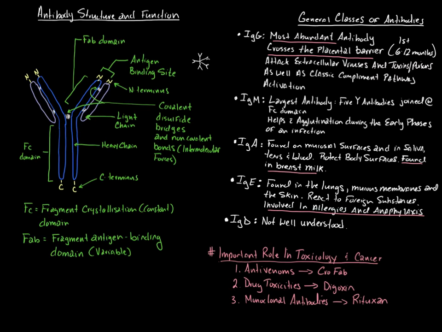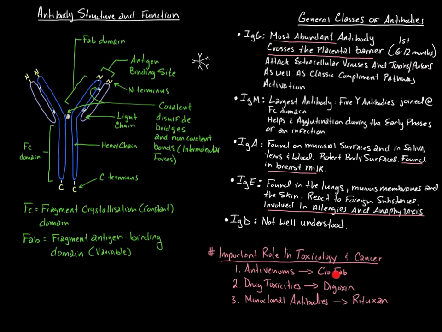Another important role in toxicology involves certain drugs. One of the most common drugs that has an antibody is digoxin. If somebody has digoxin toxicity or overdose, of course digoxin is a cardiac glycoside, very commonly used to treat heart failure, atrial fibrillation, and other rapid atrial dysrhythmias in some cases.